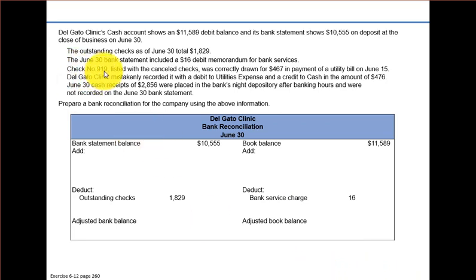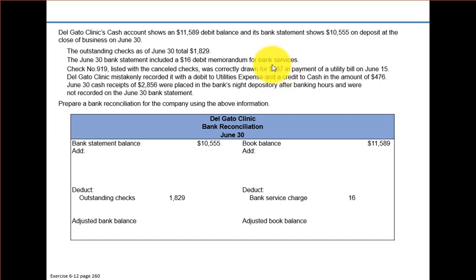And then we've got check number 919, listed with the canceled checks, which was correctly drawn for $467 in payment of a utility bill on June the 15th, and Delgato's clinic mistakenly recorded it with a debit to utilities and a credit to cash for $476. So forget about the debit and credit part.